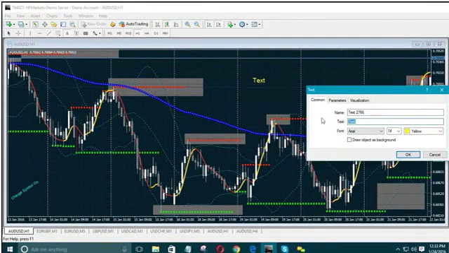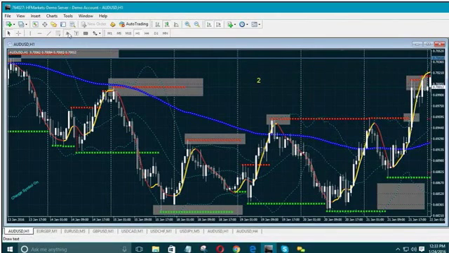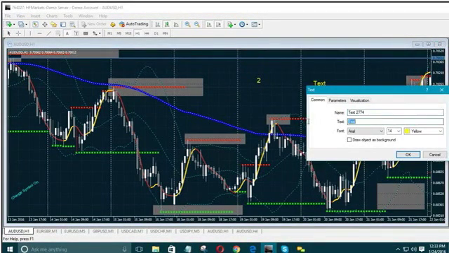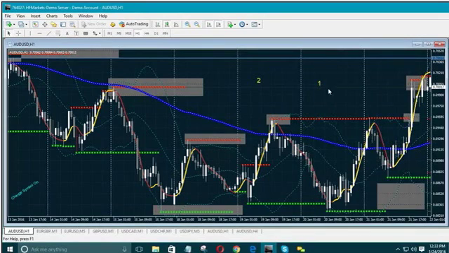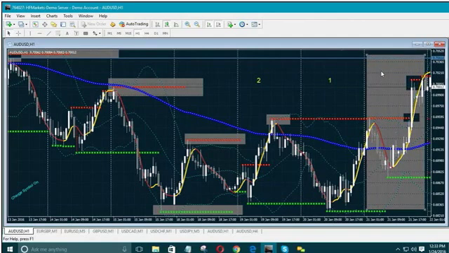Here's 2 days back, and then here's 1 day back. So this is our current day here, where I've highlighted. Okay, so we have 2 days back in the market.